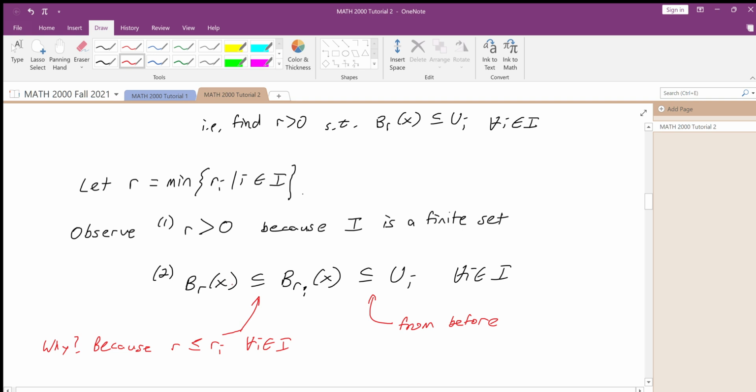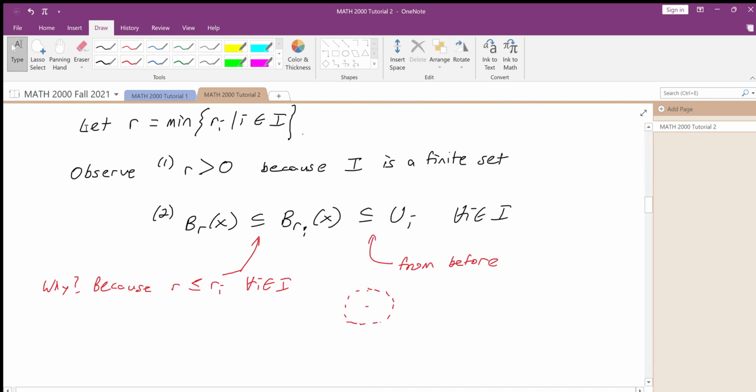So think of it this way. We have X and you have a radius R. In the second case here, you have the same X, but your radius either stayed the same or got larger. So if your radius stayed the same or got larger, then it stands to reason that you're covering more elements. You're covering everything from before and maybe more. Right, so this is the blue ball, and this is the red ball.